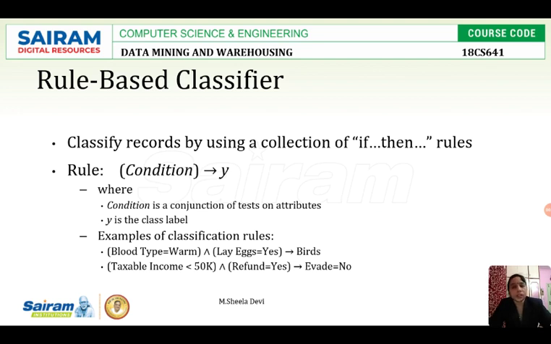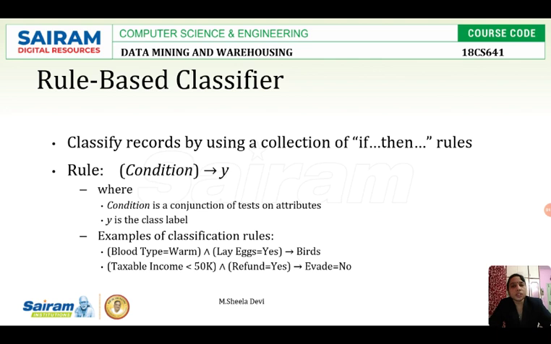As I said already, we will take the example of the tomato and apple. If the color is red and the diameter is 5 centimeter, then it is tomato. If the color is red and the size is more than 10 centimeter, then it is apple.